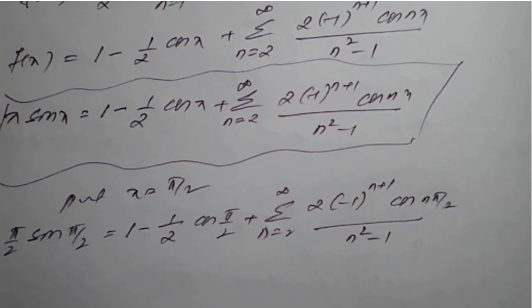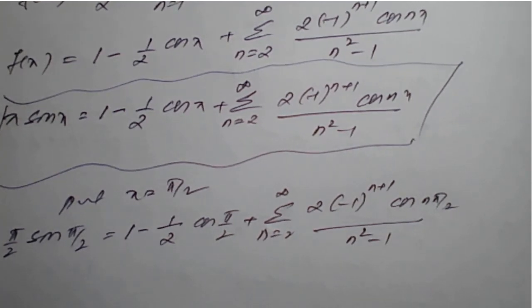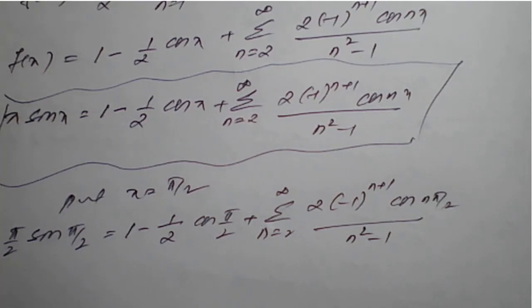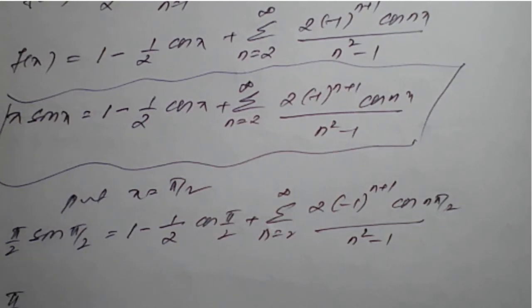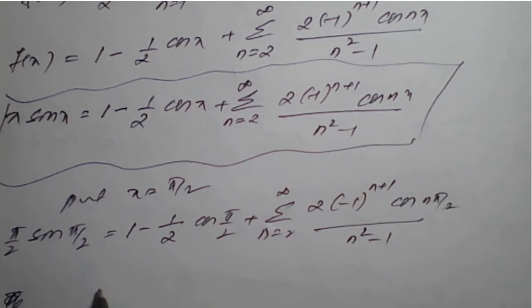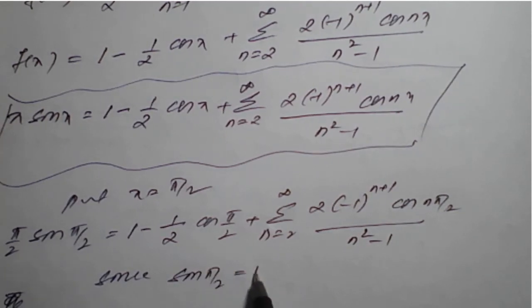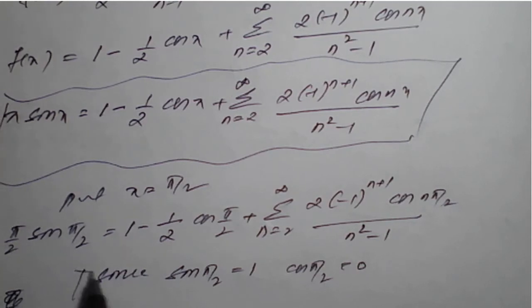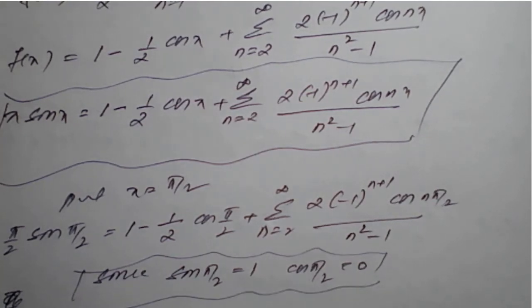But sin pi by 2 is 1 and cos pi by 2 is 0. Okay, remember this basic result.